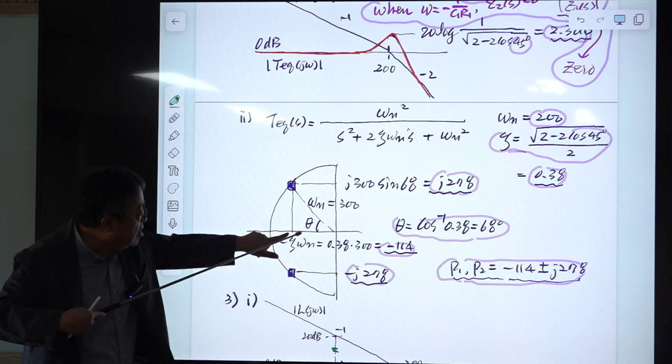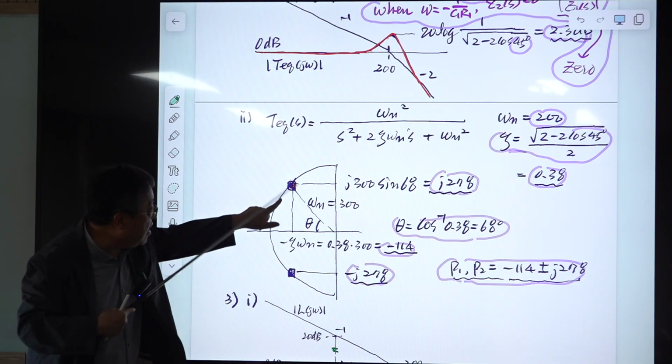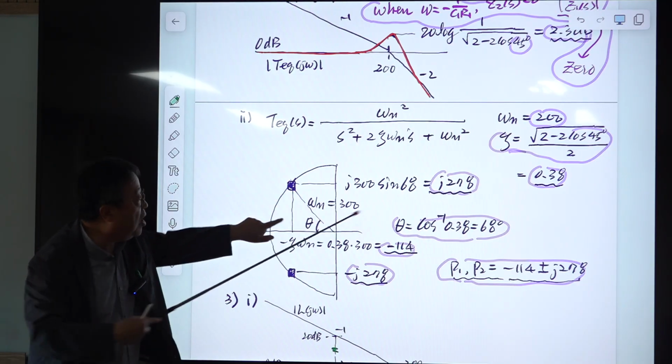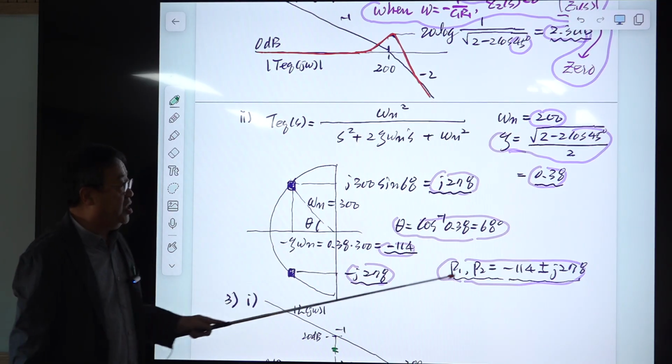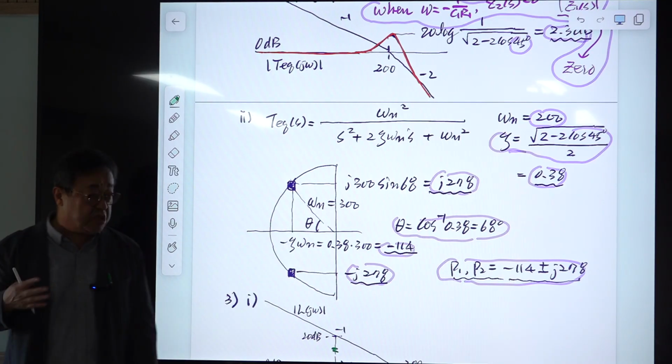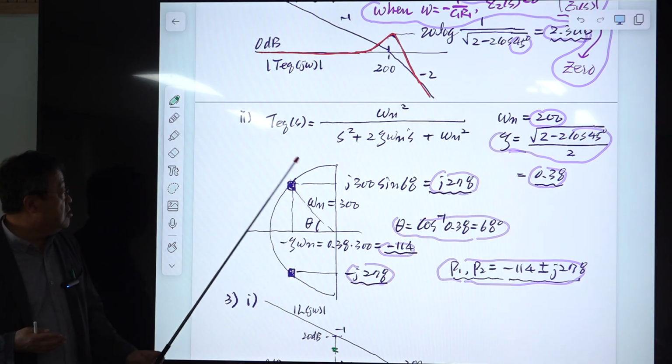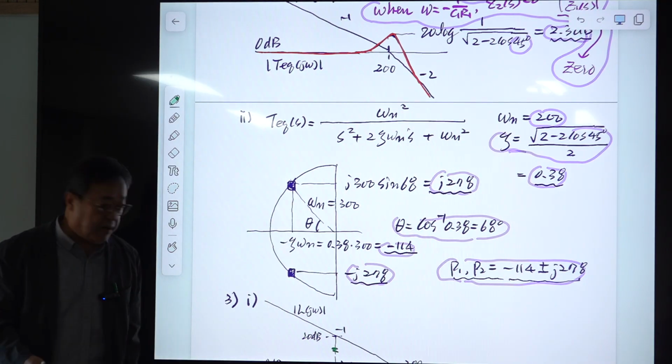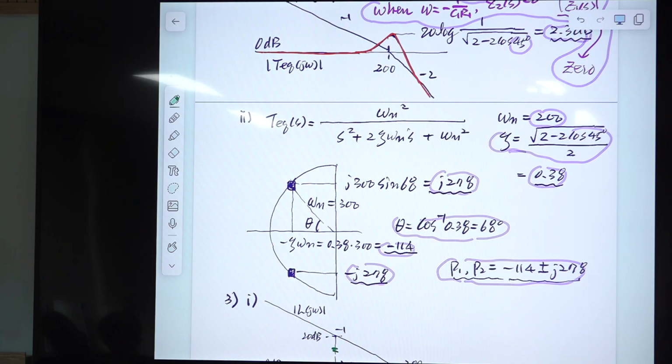This one is this one, and the sine, this angle is this one. So you have P1, P2. Okay, complex conjugate pole pair here, right? This is the second problem.